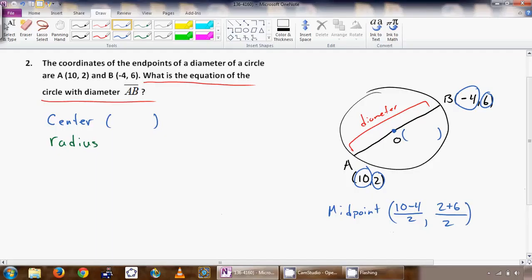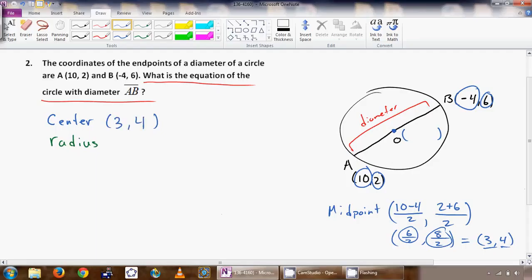It turns out my midpoint is 10 minus 4, that's 6, over 2, and 8 over 2. 6 over 2 is 3, 8 over 2 is 4. So my center is (3, 4).